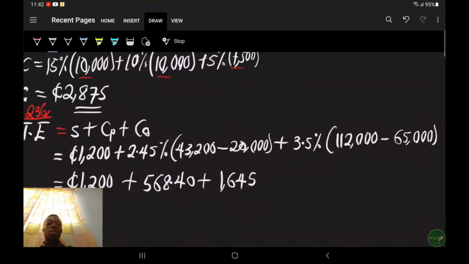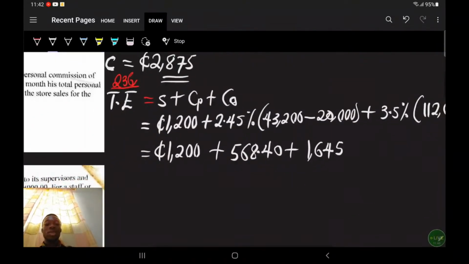That is what I had for it. You can check with your calculator to see whether that is true. At the end of the day, when you add, you should arrive at a total of 3,413.40. So let's see the options.